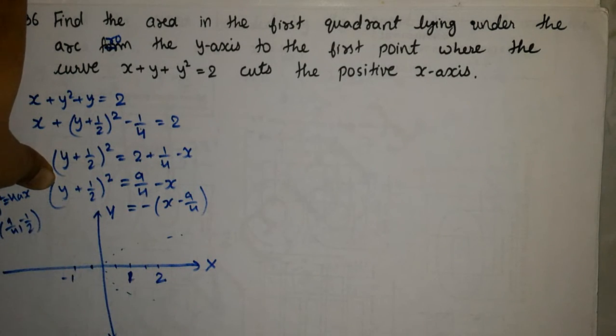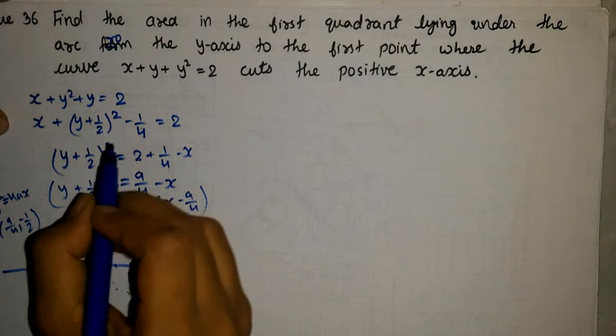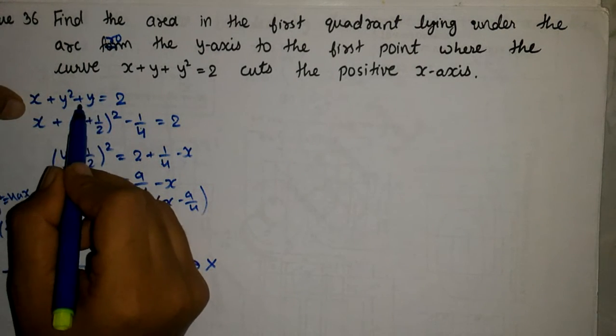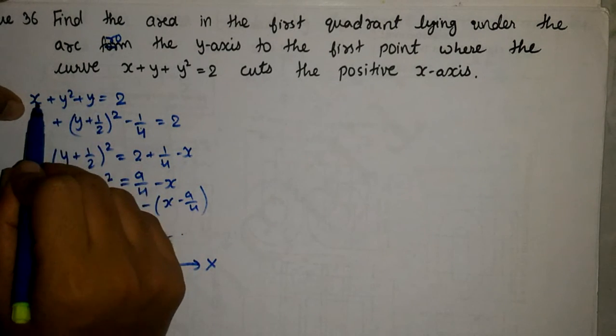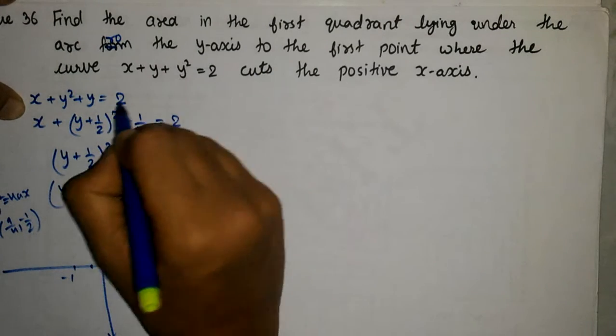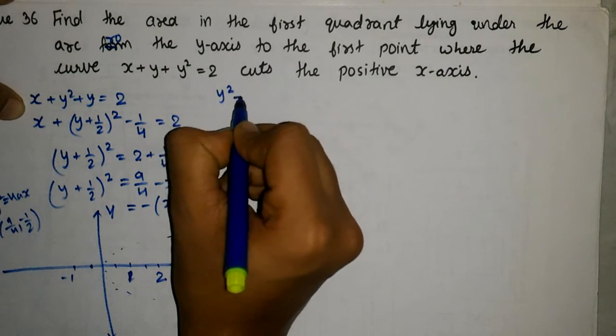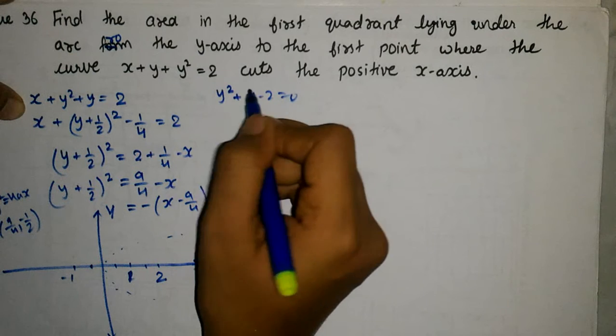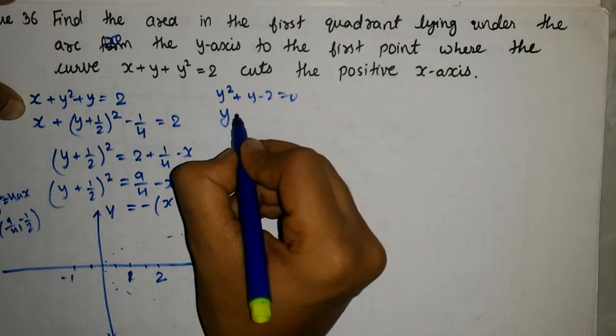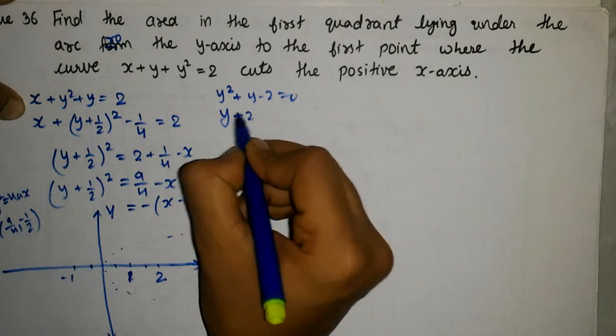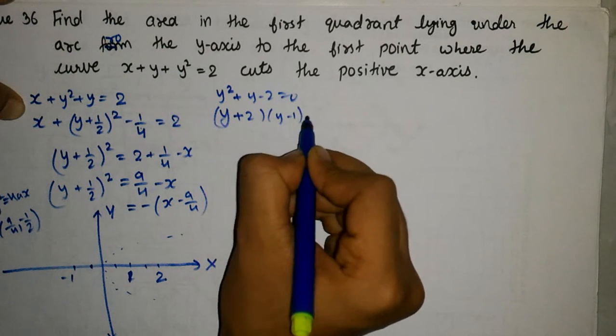Let's do it by another method and find the intersecting points. Let's put x is equal to 0. We get y square plus y minus 2 is equal to 0. So (y plus 2) into (y minus 1) is equal to 0.